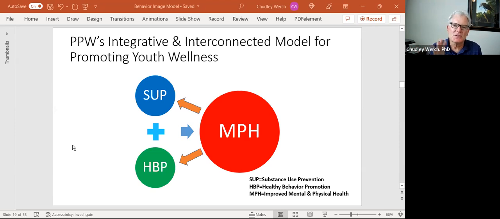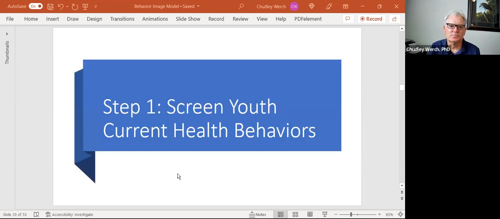So by addressing substance use prevention and health behavior promotion, you're much more likely to improve physical and mental health. And by doing that, that also makes it easier to address substance use prevention and promote healthy behavior. So it's a synergistic model. It's a circular influencing model.